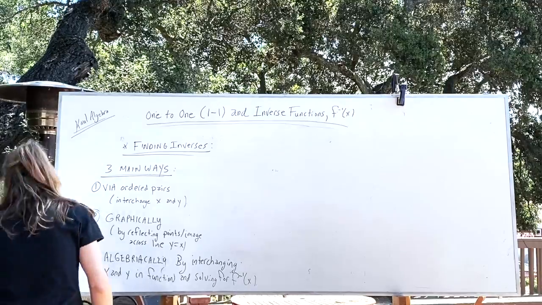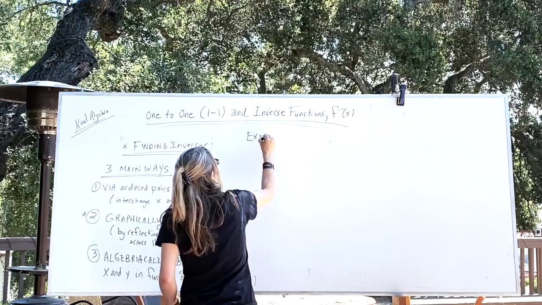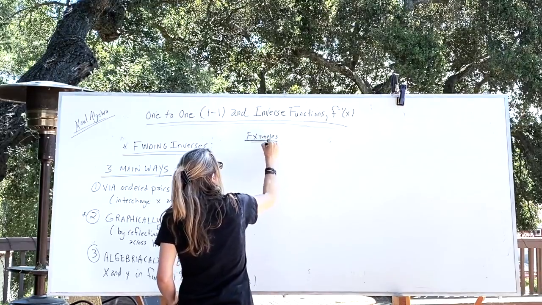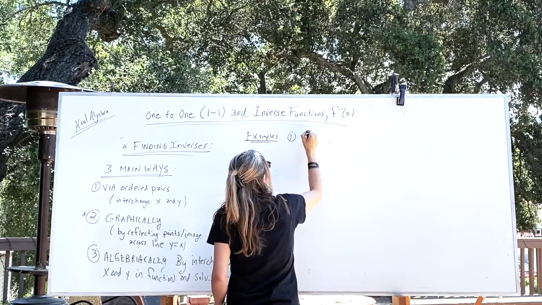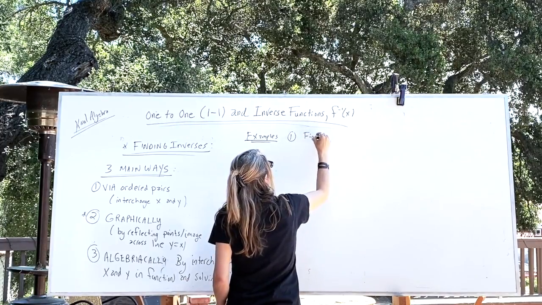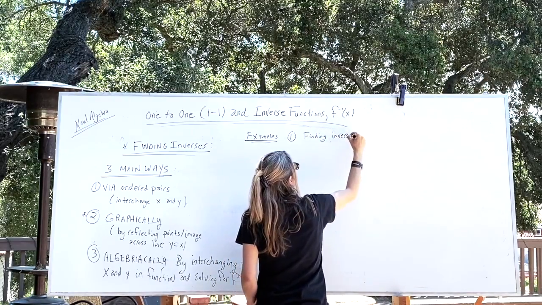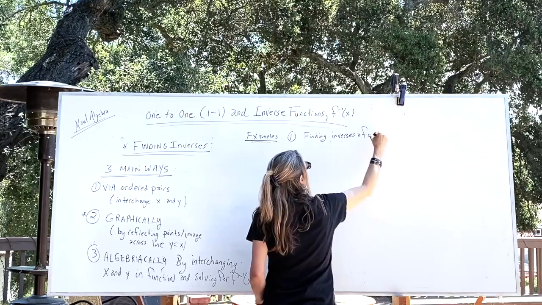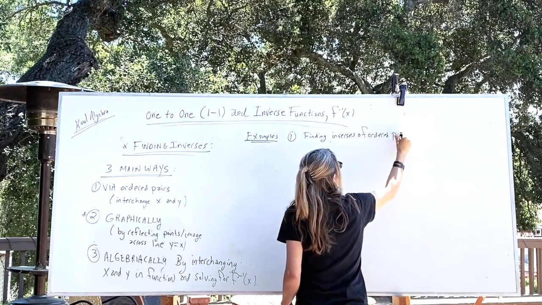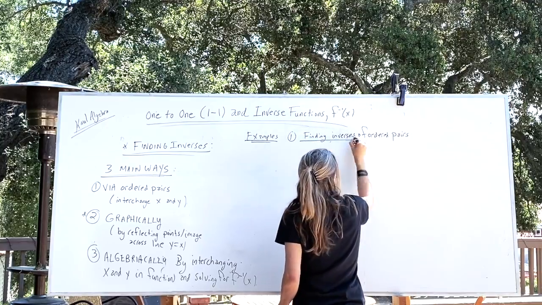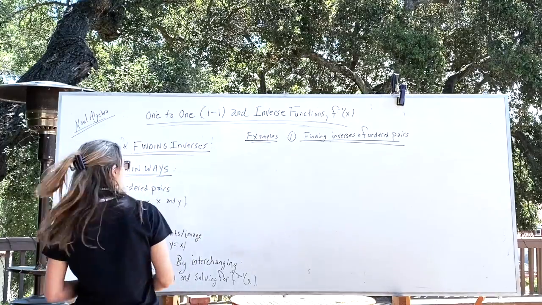Okay, so number one, let's find the inverses of ordered pairs. The idea is just to interchange our x and y.